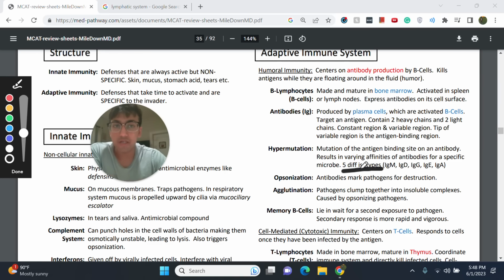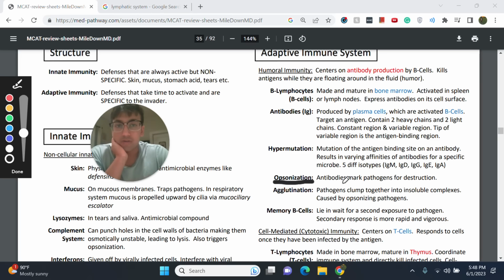There are 5 different isotypes: IgM, IgD, IgG, IgE, IgA, and in different reactions you'll see different isotypes responding to that inflammation. But it's just important to know that hypermutation is responsible for some of that variability in the antibody.